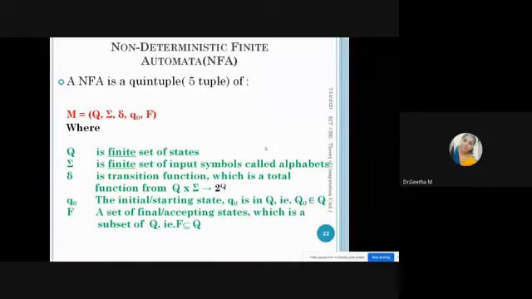Actually, the difference between NFA and DFA is only in terms of transitions. That is why, see the transition delta function. Delta function, almost all the symbols are same.